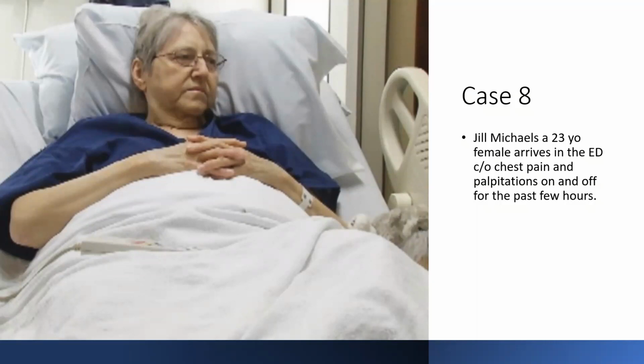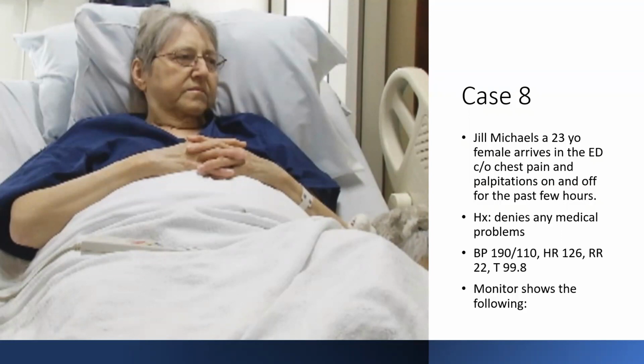She arrives in the emergency department complaining of chest pain and palpitations on and off for the past few hours. The history includes denial of any medical problems. The blood pressure is 190 over 110 with a heart rate of 126, respirations of 22, and a temperature of 99.8. Okay, so that's the medical history.